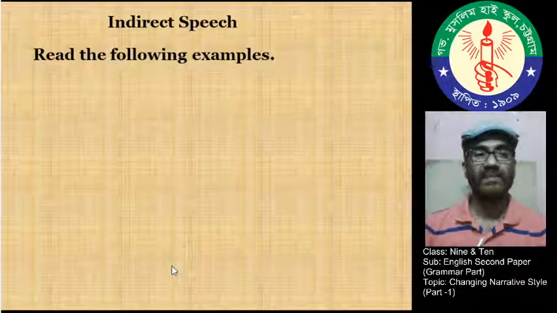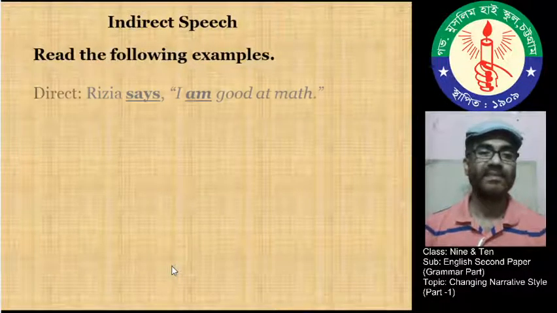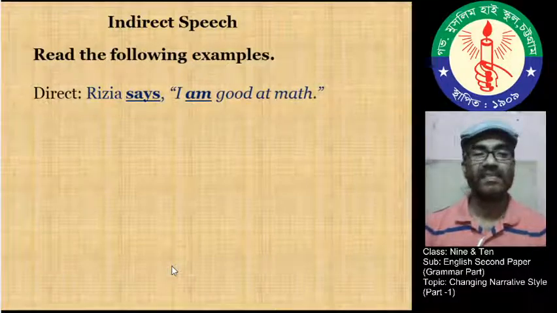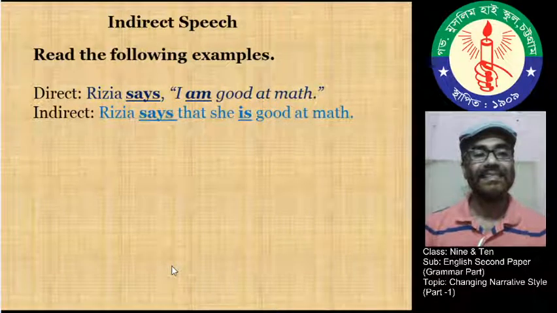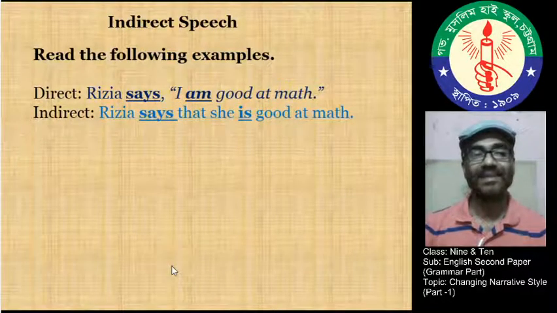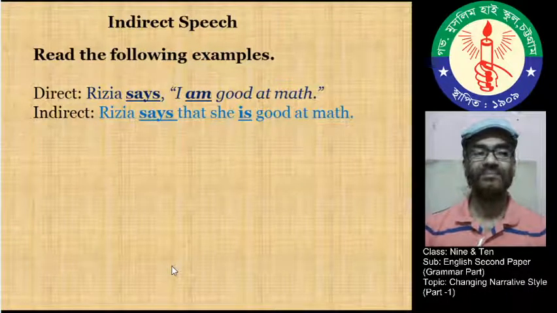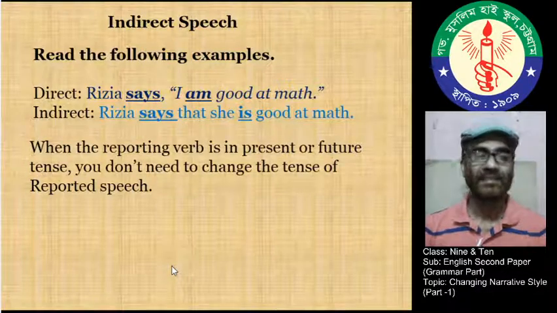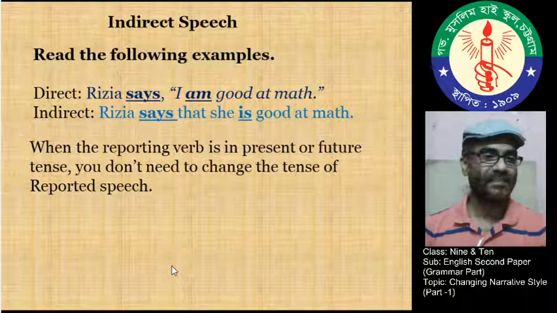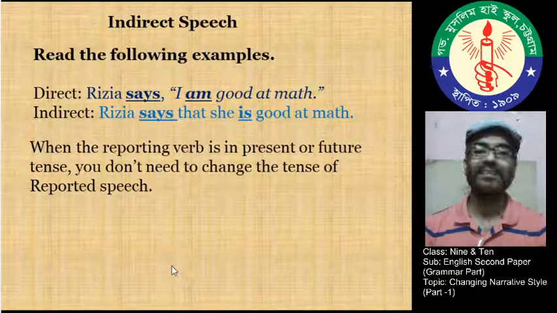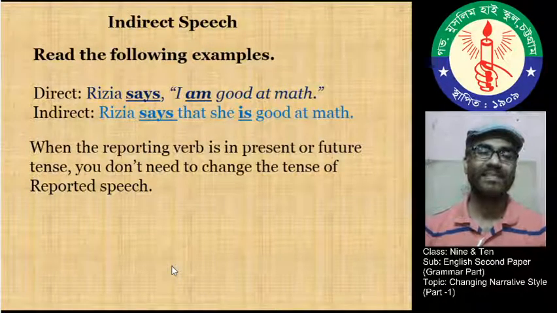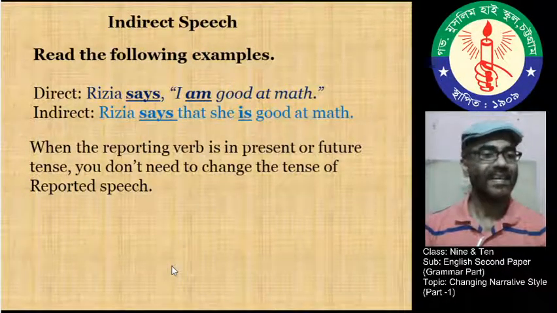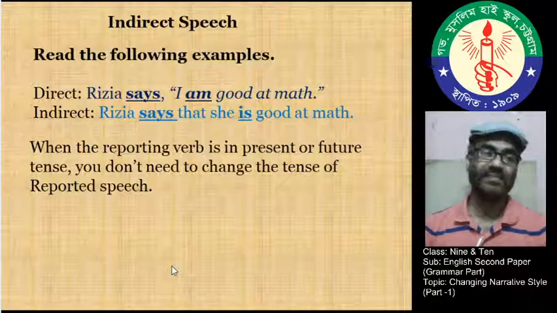In indirect speech, read the following examples. Direct: Regia says, "I am good at math." Indirect: Regia says that she is good at math. You see, the reporting verb is in present tense, and the tense in the reported speech is not changed, and is also in the present tense.